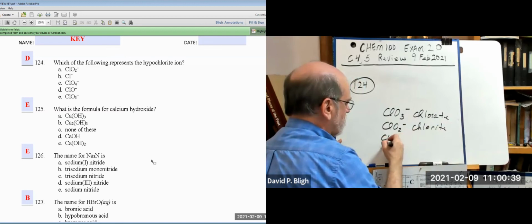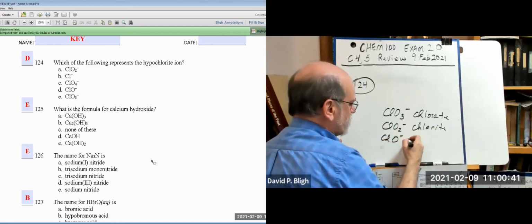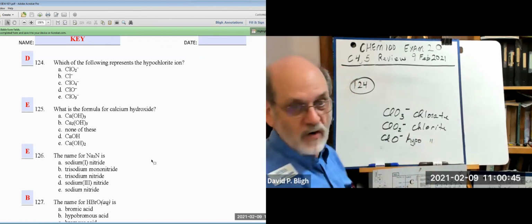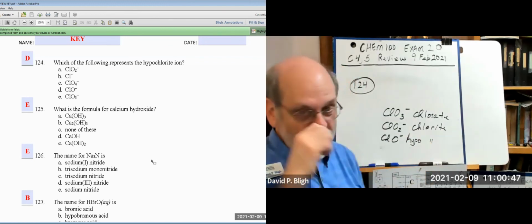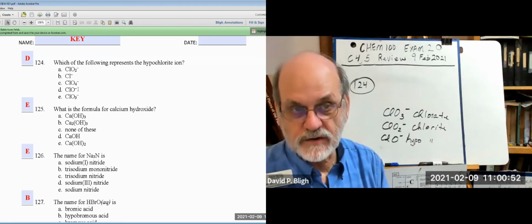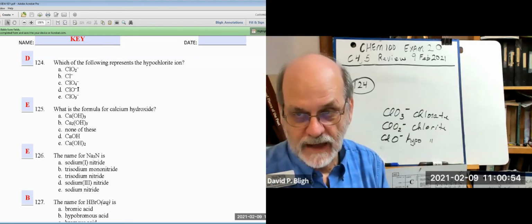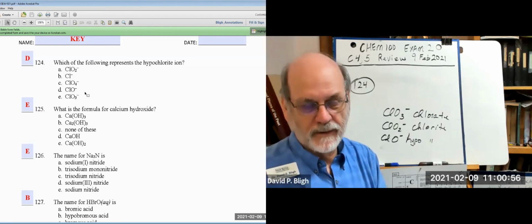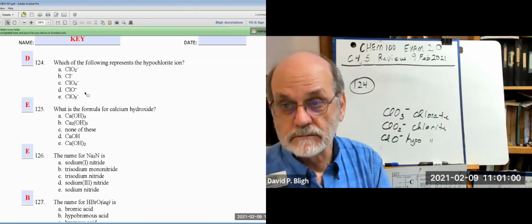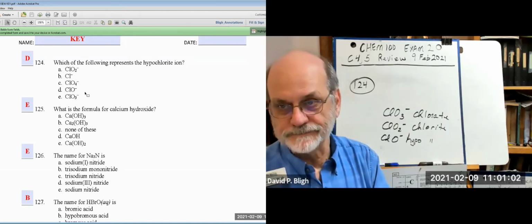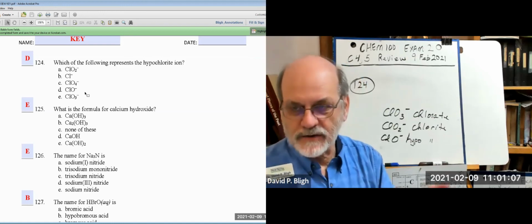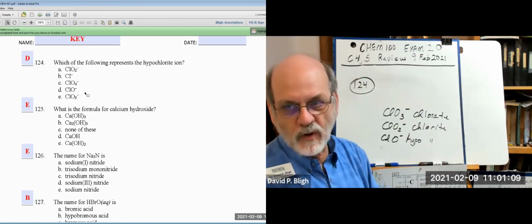And ClO- is the hypochlorite ion. So ClO- is the answer to 124, hypochlorite. If you combine that with sodium, you get bleach. Sodium hypochlorite is in every house. Every laundry room has sodium hypochlorite in it.